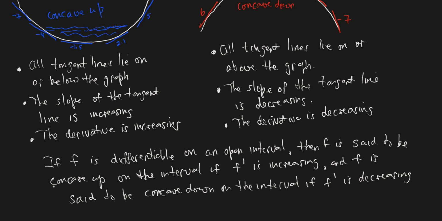So what we're defining here is the property of concavity, and a function can either be concave up or concave down on an interval, and by definition it's when the derivative is either increasing or decreasing.